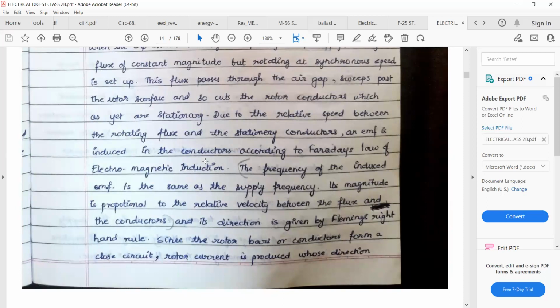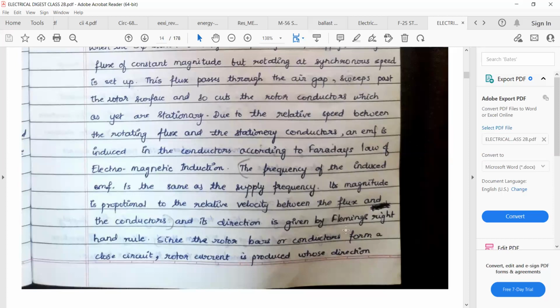The frequency of the induced EMF is the same as the supply frequency. Its magnitude is proportional to the relative velocity between the flux and the conductor, and its direction is given by Fleming's right hand rule. So you have to highlight these two parts in your answer: Faraday's law of electromagnetic induction, and Fleming's right hand rule.